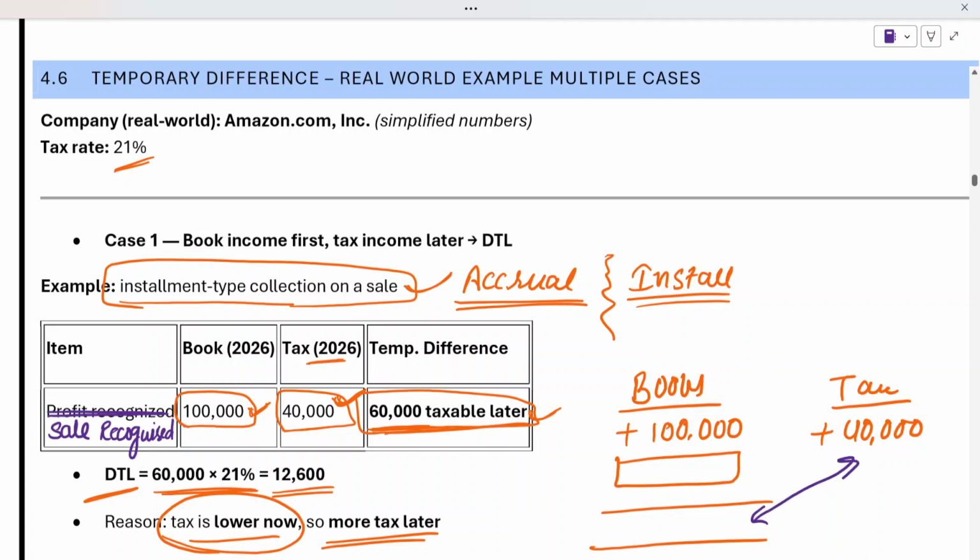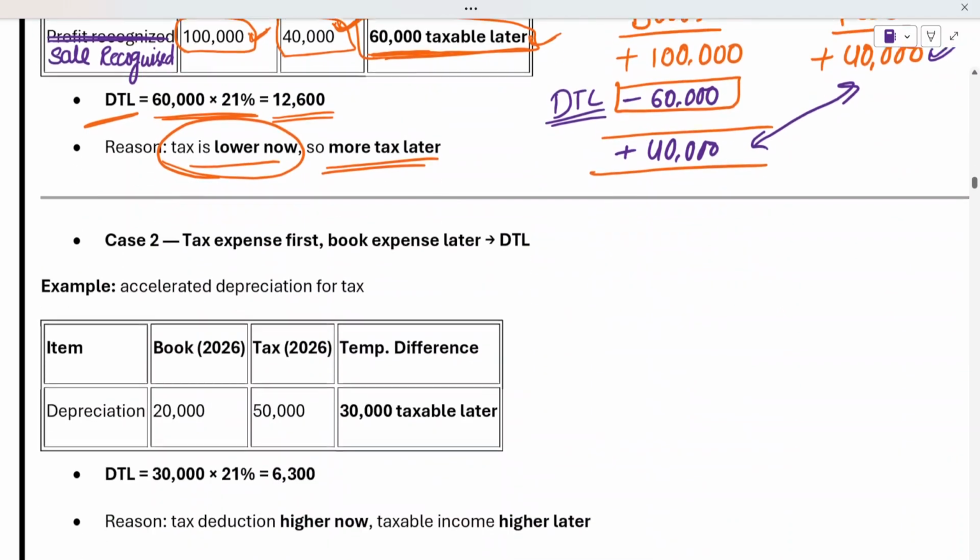So you will simply write minus 60,000. When you write minus 60,000, you will have positive 40,000, and this positive 40,000 will match with the tax positive 40,000. This is the minus number, this negative sign here, which means that this is a deferred tax liability. So from this as well you can easily identify.